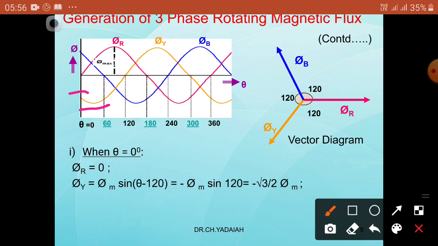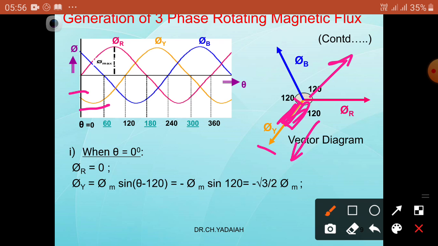Now, it is minus root 3 by 2. That means the vector magnitude is not 1, only this much is produced. But because of the minus sign, instead of this direction, it is going in this direction.